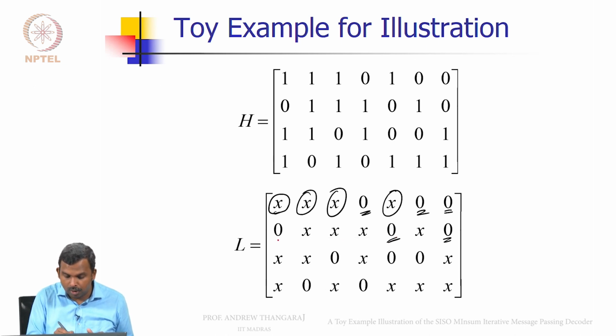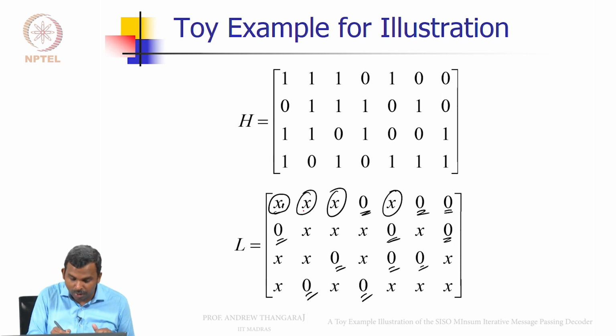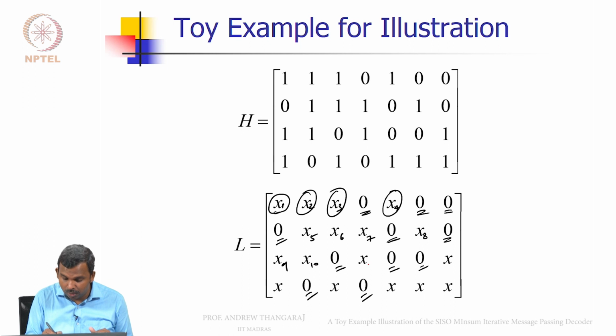I have shown the same value x here just for convenience. I should have actually put x1, x2, x3, x4, x5, x6, x7, x8. This value will keep changing. Every value might be something else, it will keep changing with iterations. Just for convenience I have shown just one value.